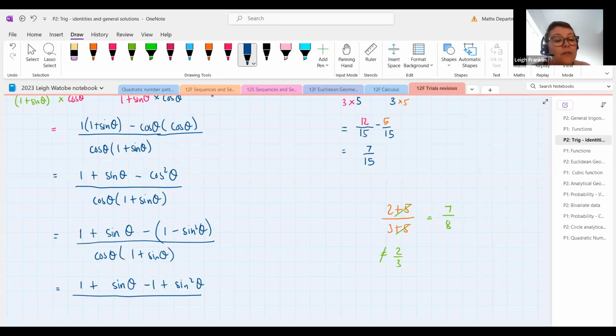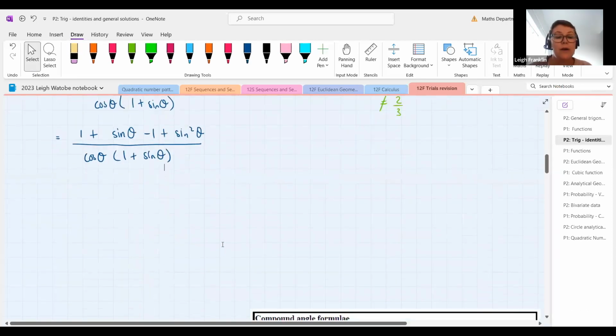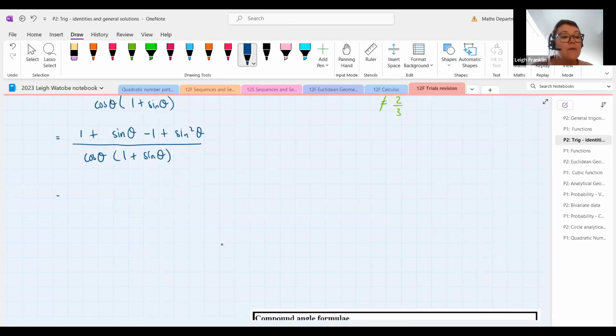And all of this is over cos theta times 1 plus sine theta. So now in my numerator, the 1 is going to cancel. 1 minus 1 is gone. So I've got sine squared theta plus sine theta. At the bottom, I've got cos theta into 1 plus sine theta. And again, I still cannot cancel over plus and minus signs.